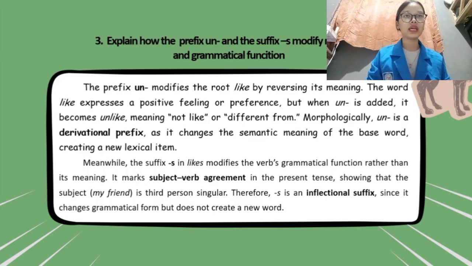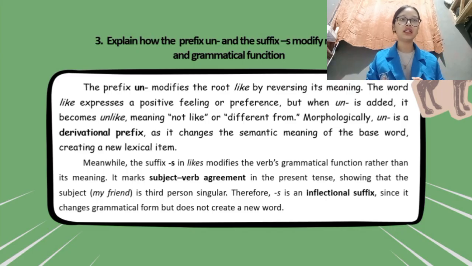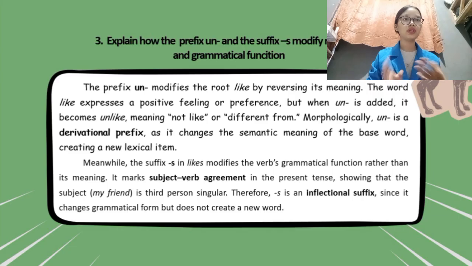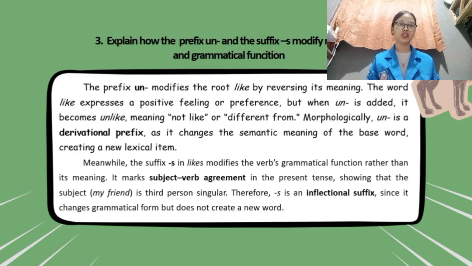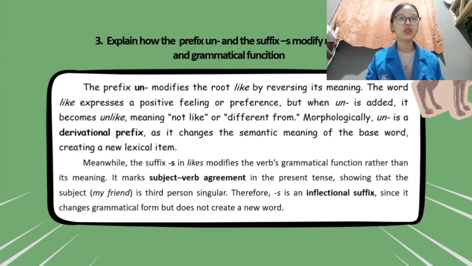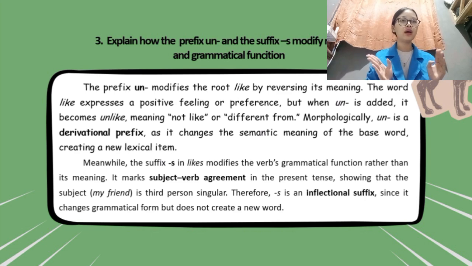Number 3 is explaining how the prefix "un-" and the suffix "-s" modify meaning and grammatical functions. The prefix "un-" modifies the word "like" by reversing its meaning. The word "like" expresses a positive feeling or preference.